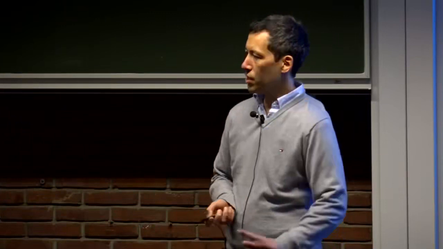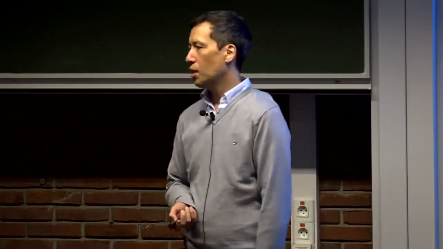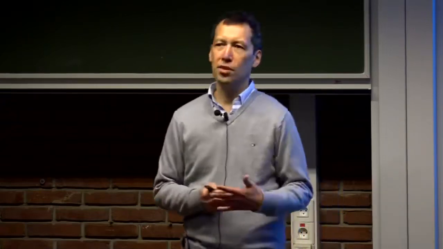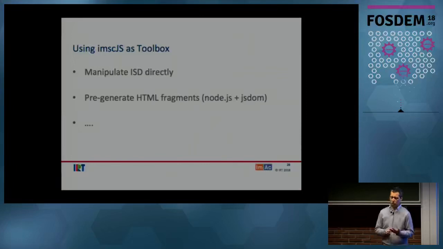So I just touched briefly on how to use imscJS as a toolbox. Possibly you do not have an HTML document, or you have a really static presentation of your subtitles, so you may not want to always generate the ISDs from the HTML document because it iterates quite a few times over the structure.